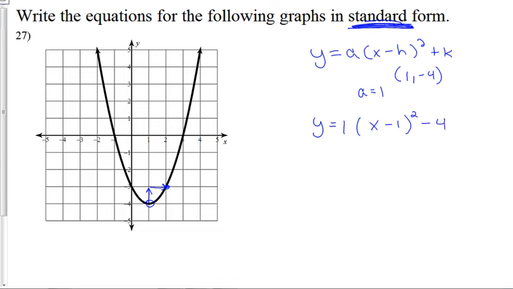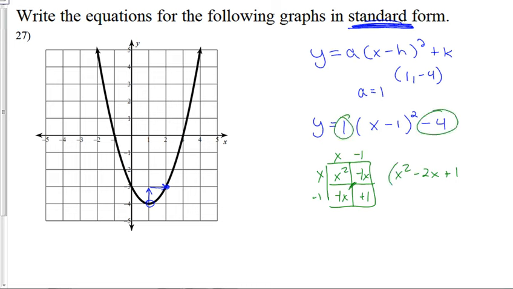Now to get to standard form, we use the box. x squared, negative 1x, and positive 1. So I have x squared. Combine those two right away, minus 2x plus 1. And now we need to do these two pieces. So multiply by 1.